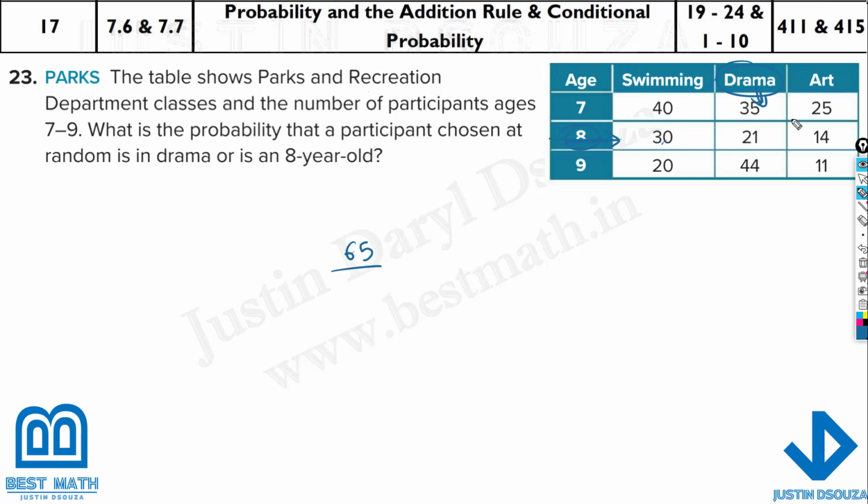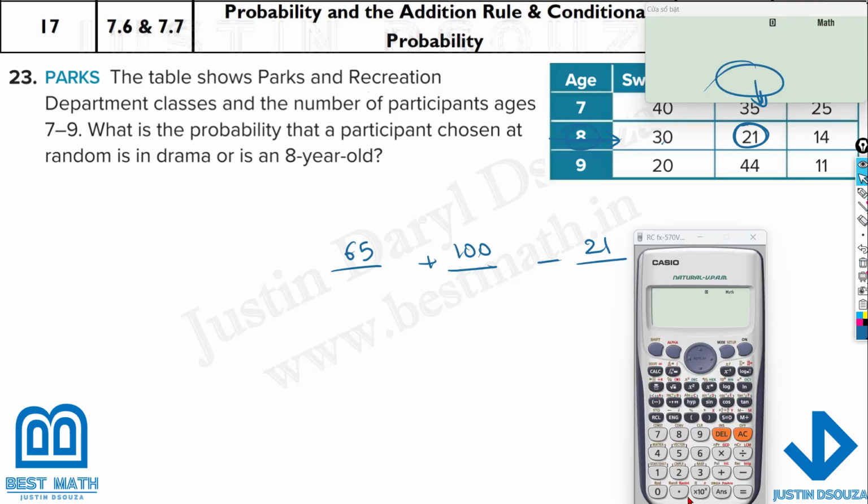What is the total? You just have to find the sum of all these. We'll just use the calculator for that. And over here we have 30, 50, 90, 100 plus 100 in drama, minus the common ones. These are the common ones who are 8 years old and go to drama. So you just have to divide by the sum of all these numbers, and then you just put it in the calculator.